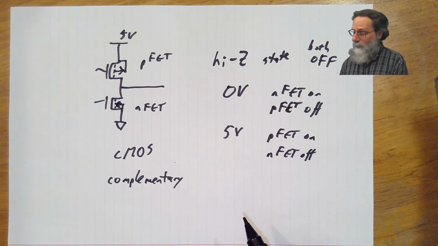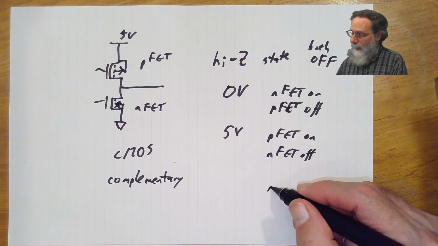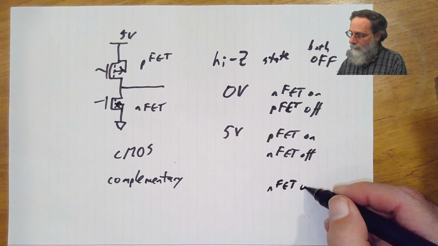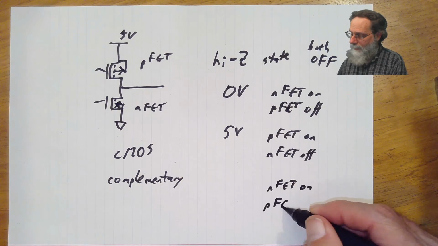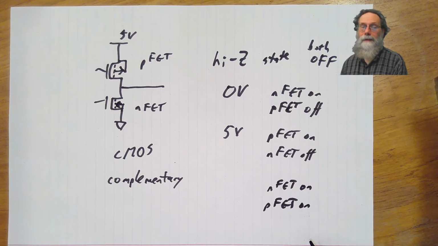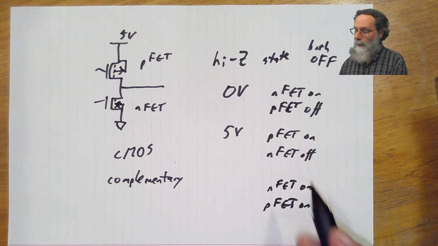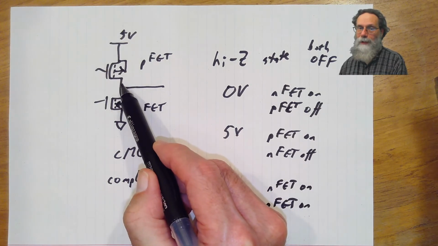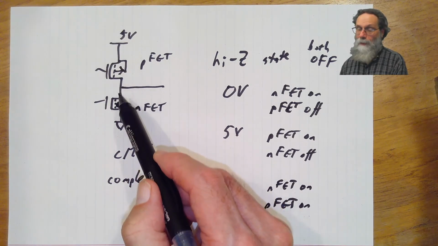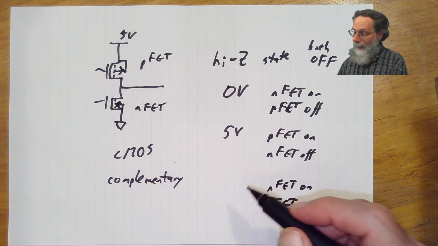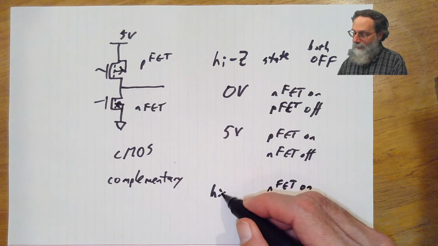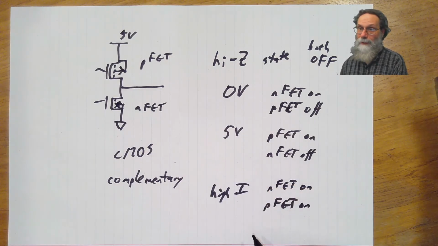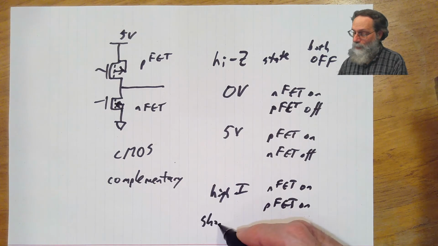There's one other state, and that is what happens when we turn both the MOSFET on and the PFET on. Well, we have a low resistance from 5 volts to the output. We have a low resistance from the output to ground, and that means high current. Basically a short circuit.